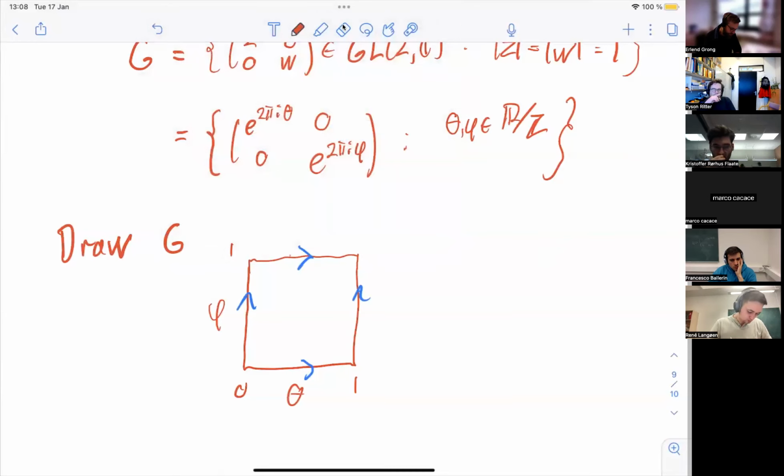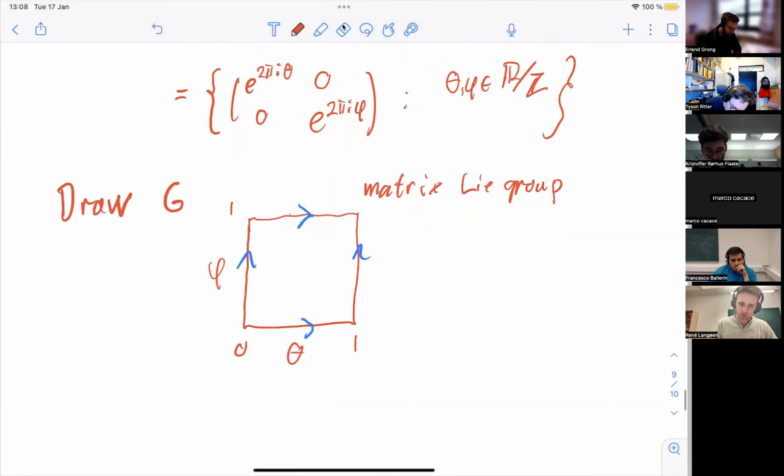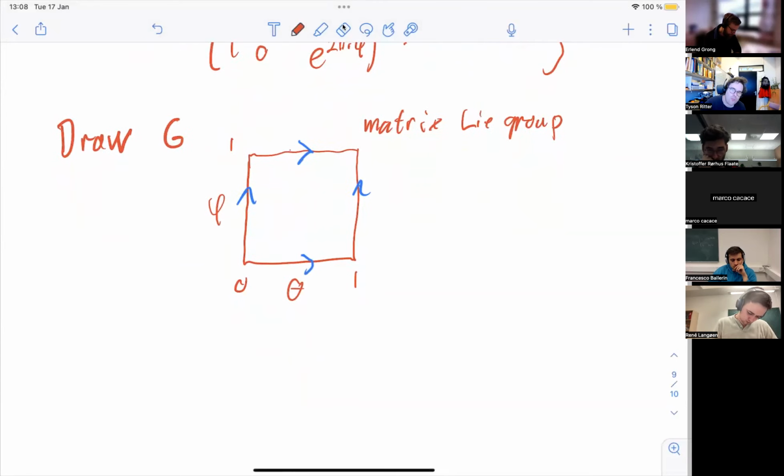This is a matrix Lie group, but it has a subgroup which is not. So let's define that one.